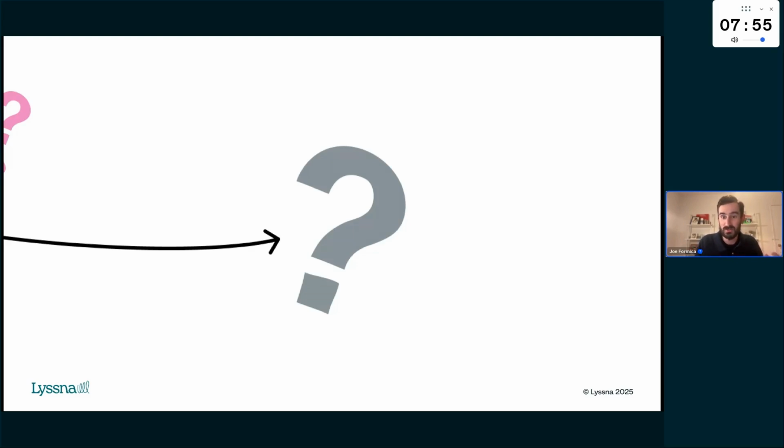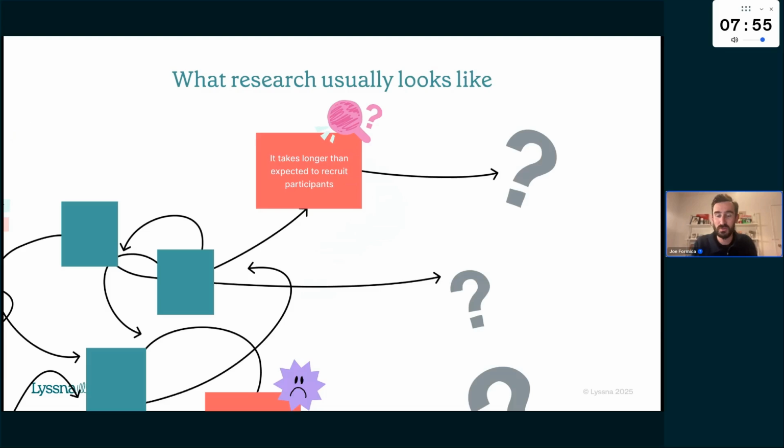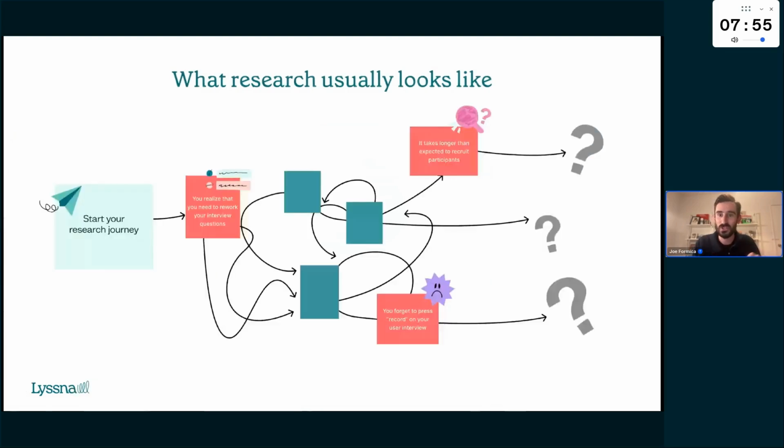Oftentimes with research, just kind of by the nature of it, we don't really know for sure until much later. So we have this big, winding, time-consuming process with a lot of twists and turns in the road. And by the end of it, it's certainly not guaranteed that we are going to have an outcome that answers our question or helps us make the right product decision.